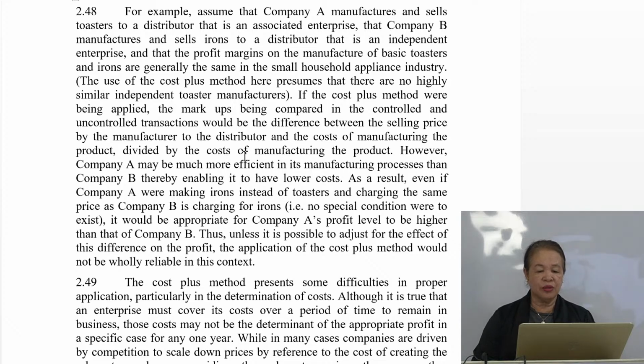In the small household appliance industry. The use of the cost plus method here presumes that there are no highly similar independent toaster manufacturers. No? So if the cost plus method were being applied, the markups being compared in the controlled and uncontrolled transactions would be the difference between the selling price by the manufacturer to the distributor and the cost of manufacturing the product divided by the cost of manufacturing the product.